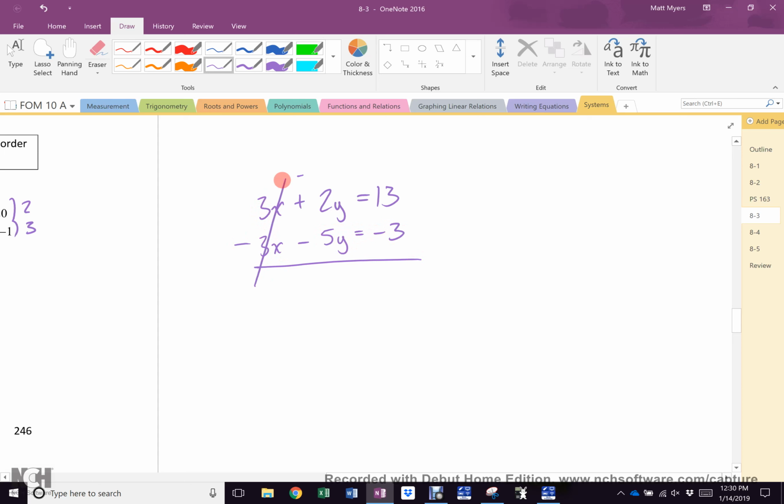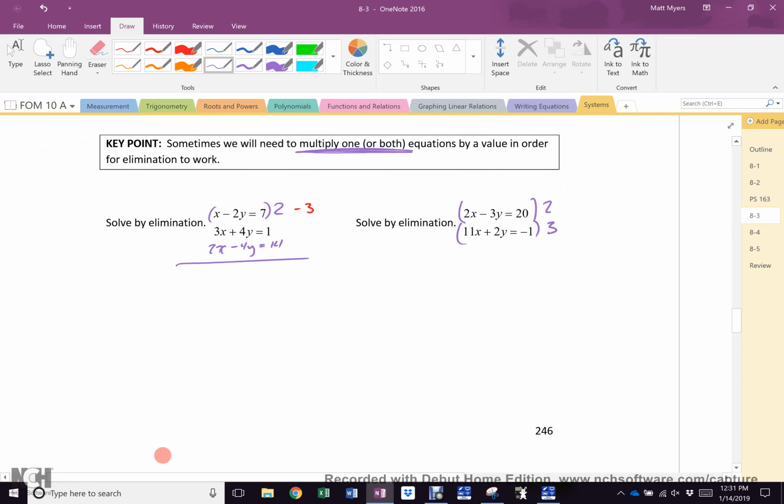This would disappear. What would be written here? 7y. Because it's 2 minus 5. Does everybody understand that? You have to be careful if you're going to subtract. Or you do the trick I taught you yesterday, where you make 3x equal 13 minus 2y, and 3x equal 5y minus 3, and then you make them equal. Everybody cool? All right. Try it.